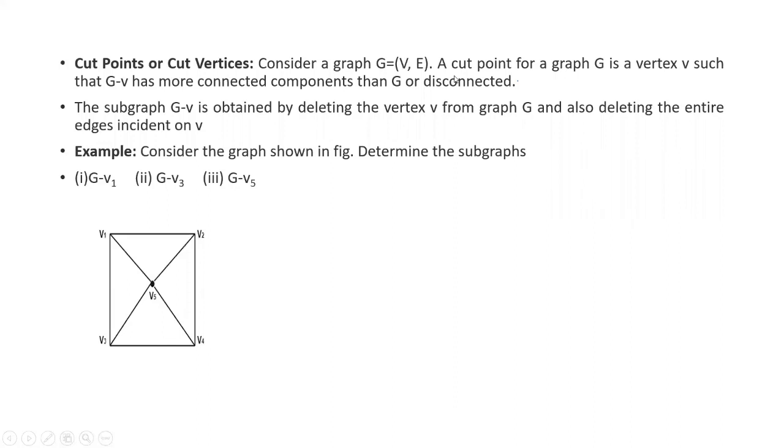Cut points or cut vertices. Consider a graph G. A cut point for a graph G is a vertex v such that G minus v has more connected components than G, or is disconnected. The subgraph G minus v is obtained by deleting the vertex v from G and also deleting all the edges incident on v.